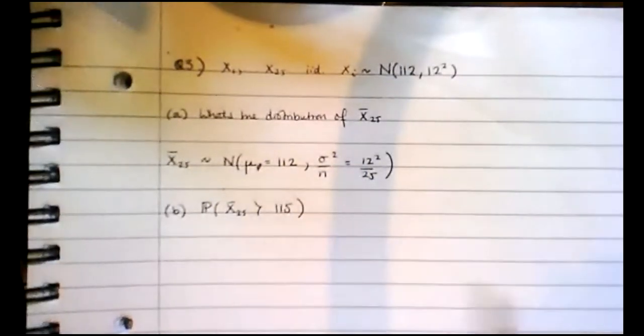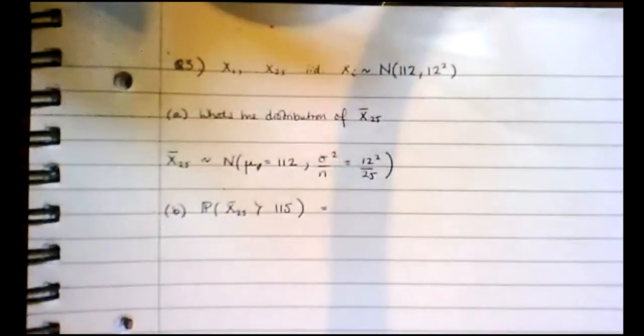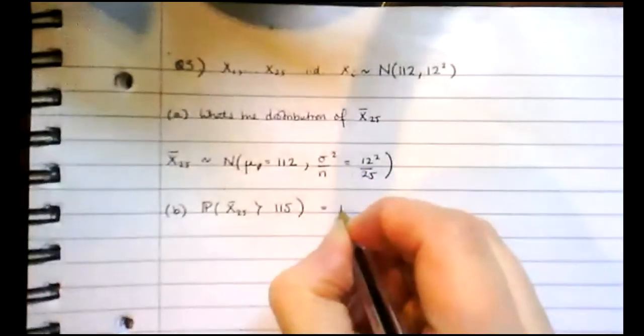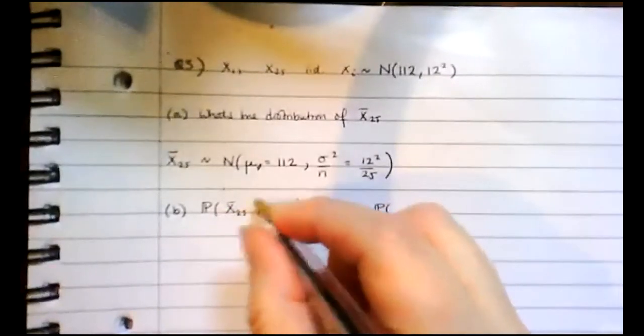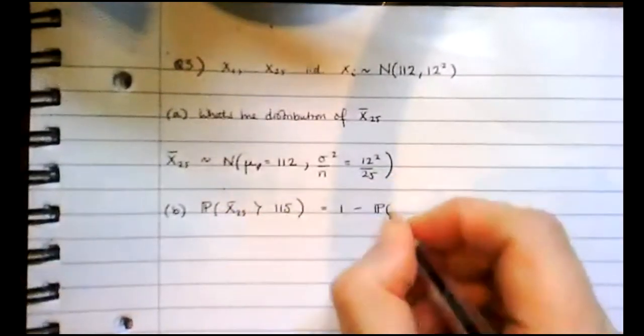Now, the first thing I want to do is write this the other way around, because I want to write it in terms of a CDF, which I'm going to be able to calculate because I know the distribution of x bar 25. So I'm going to go for 1 minus the probability, and change the direction of this inequality.